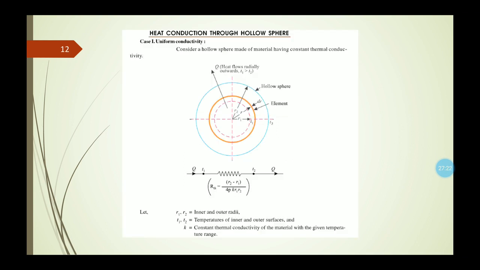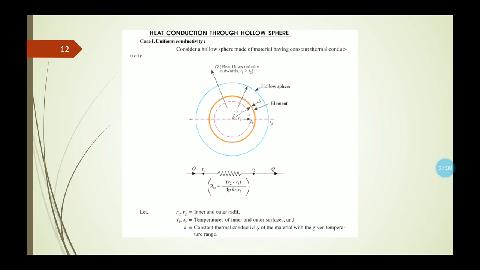Next let us discuss the heat conduction through a hollow sphere. In a similar way to how we derived the heat conduction through a hollow cylinder, we will proceed here also.